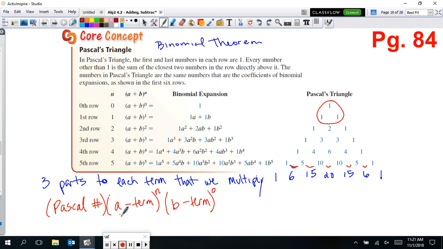Actually, write that down on this paper. I forgot to say that. So this means your A term goes down 1 each time. And then this one starts at 0, but then this one goes up 1 each time.